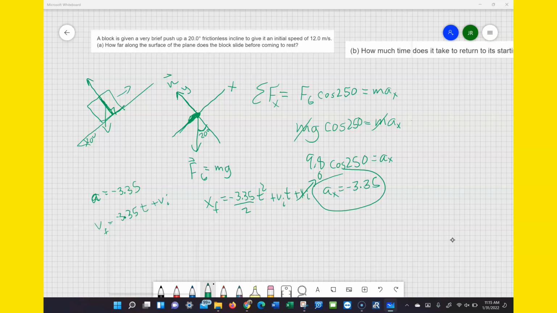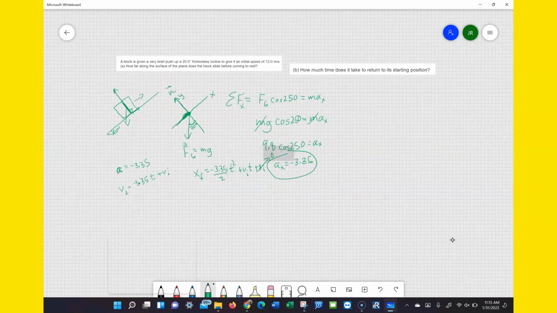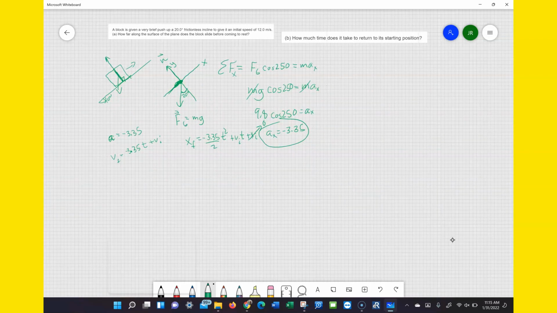I'm going to have to fool with it to make it give me a spot to write. So 0 equals negative 3.35 T plus what is the initial velocity? It gives me that initial speed was 12. So then just do a little algebra to get T by itself here. And the time will be 12 divided by 3.35, 3.58.